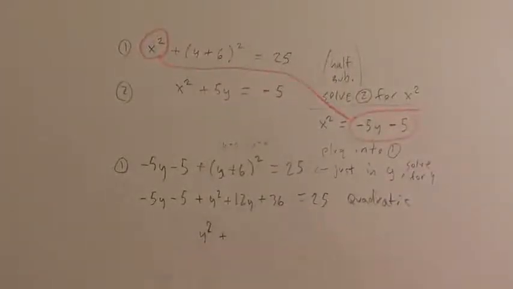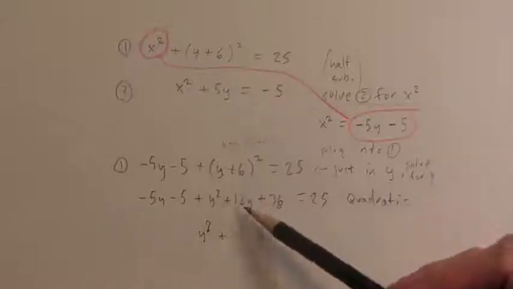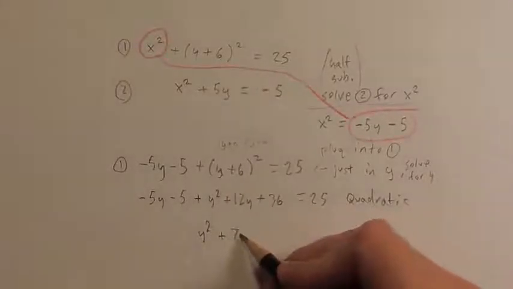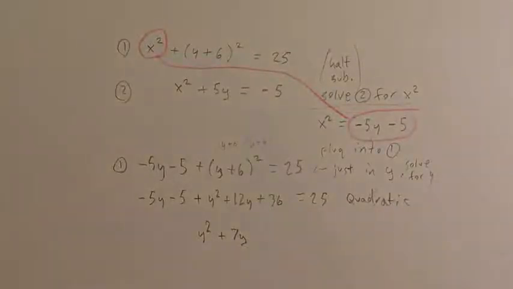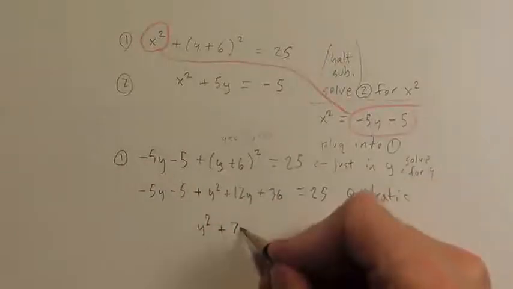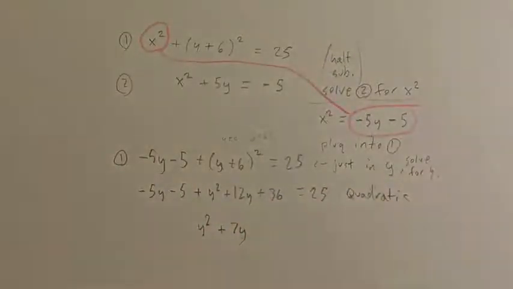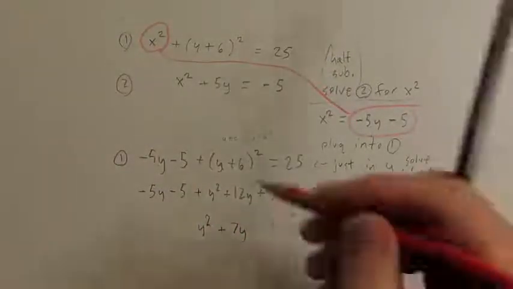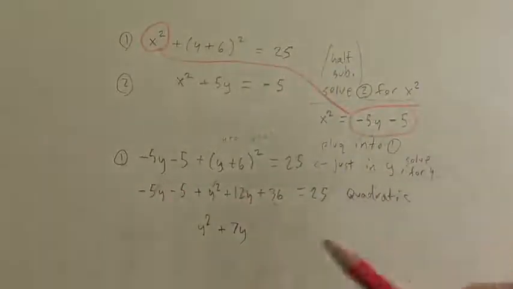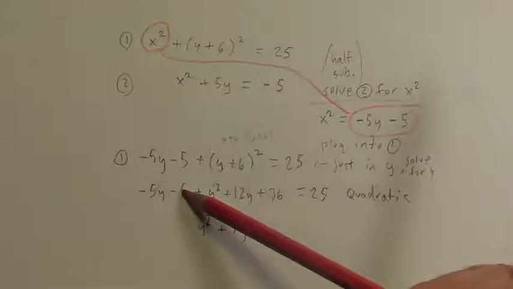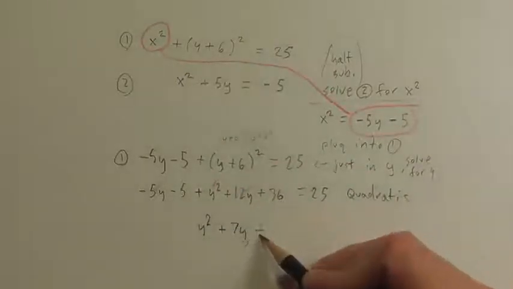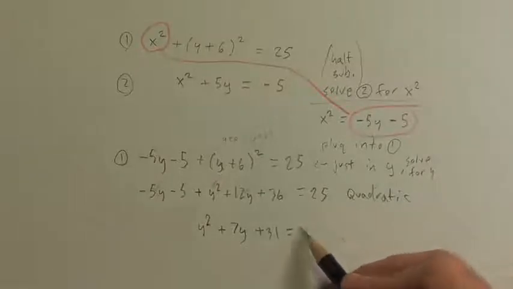All right, so I have my 12y minus my 5y, which is going to be 7y. Okay, actually let me write that a little nicer. Now let me mark off the things I've done already. This is getting kind of cluttered. Right now I have a minus 5 plus 36, so that's going to be plus 31 is equal to 25.